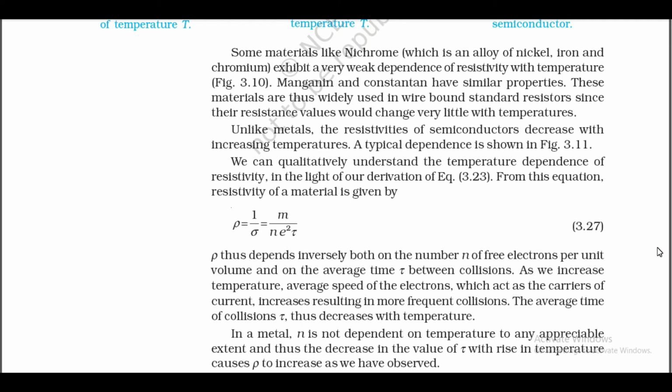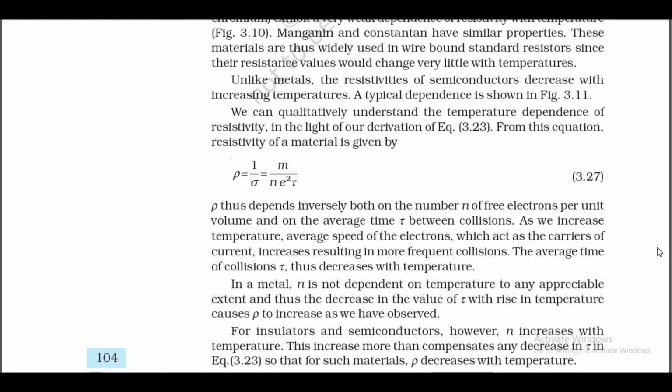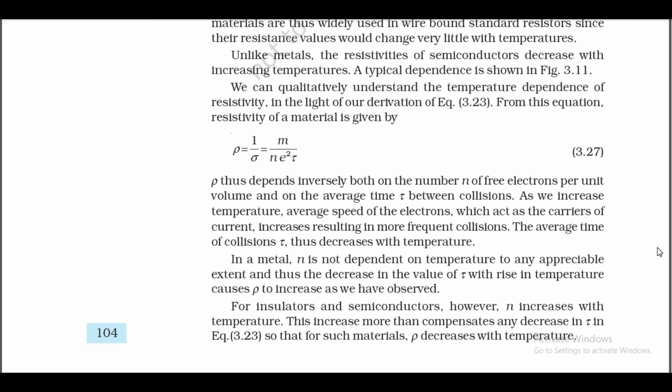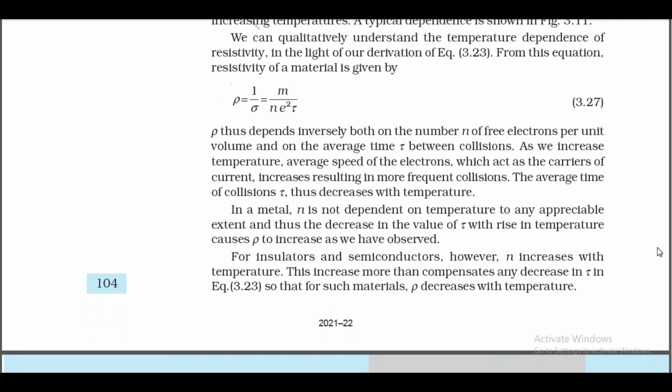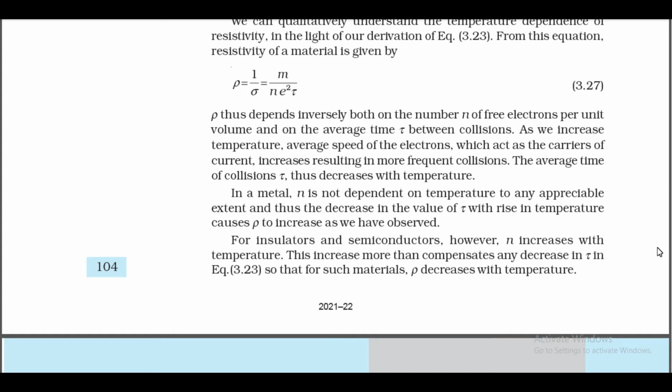We can quantitatively understand the temperature dependence of the resistivity in the light of our derivation of equation 3.23. Resistivity of a material is given by ρ = 1/σ = m/(ne²τ). ρ thus depends inversely both on the number n of free electrons per unit volume and on the average time τ between collisions.